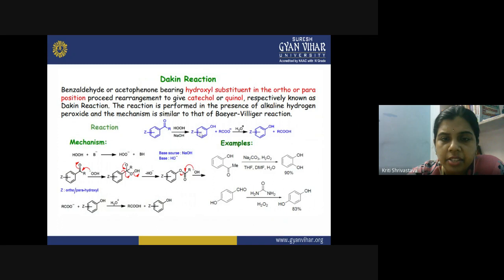The reaction takes place and results in the formation of a hydroxy group, and RCO negative, that is the carboxylate anion, is removed. So the position of this Z group, this hydroxy group, determines whether we get the catechol or quinol. If it is at the ortho position, then you get a catechol, and if it is in the para position, then you get a quinol.